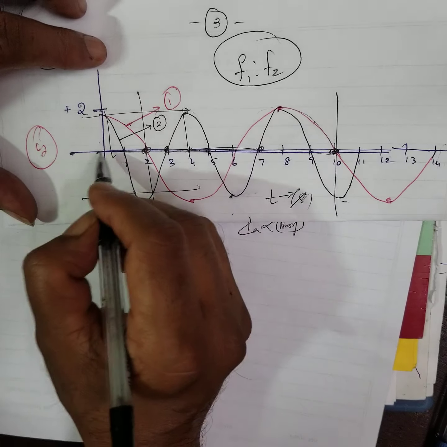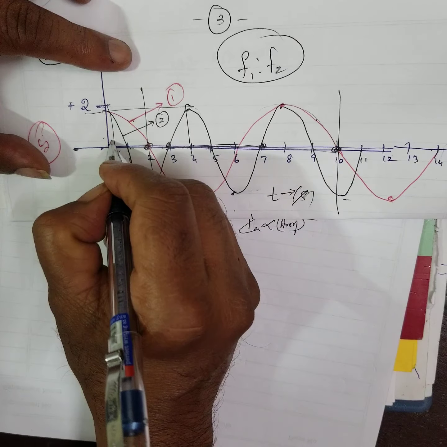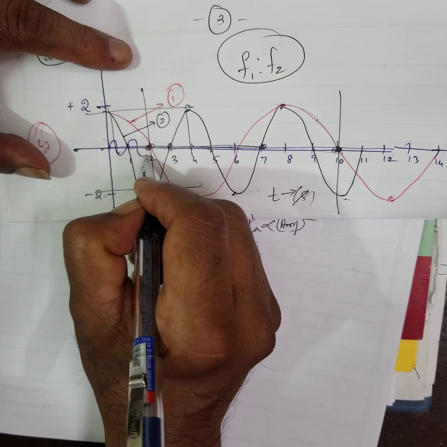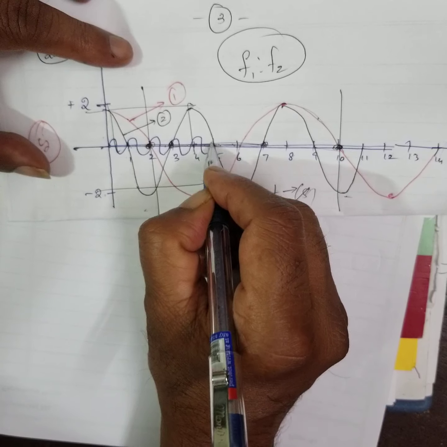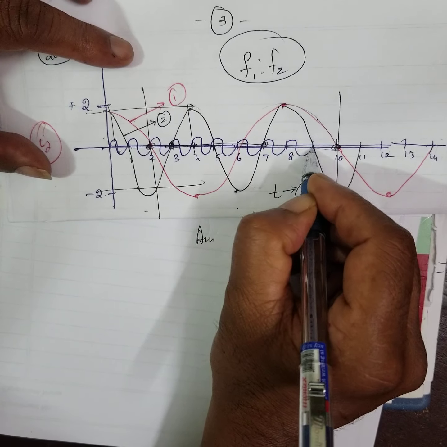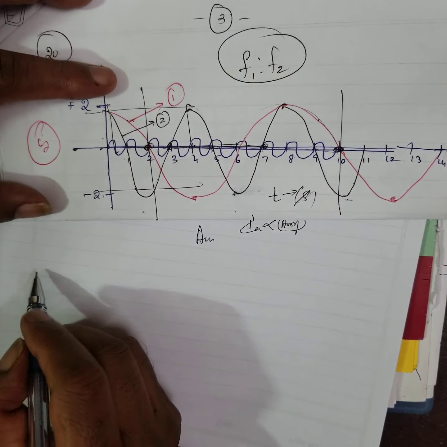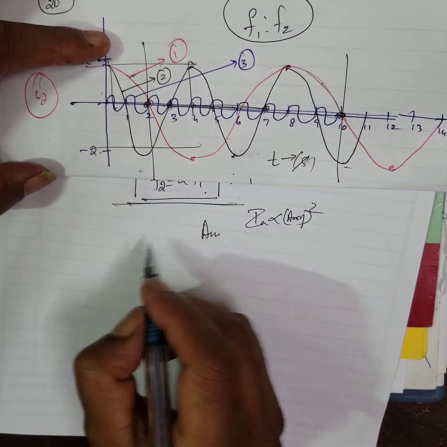Now there are certain possibilities. Imagine that I put another wave here: 1, 2, 3, 4, 5, 6, 7, 8, 9, 10. This is the third wave. What about the amplitude?